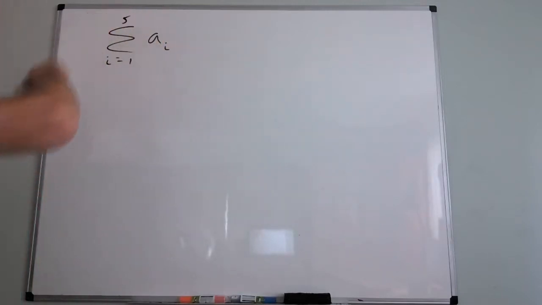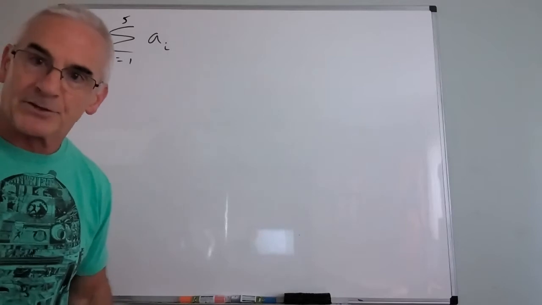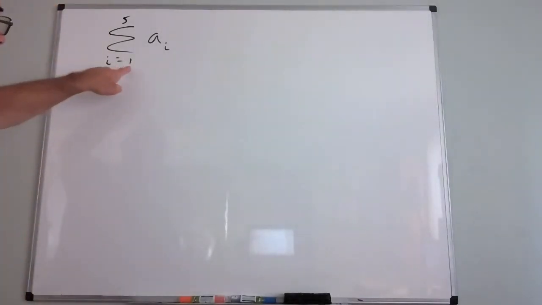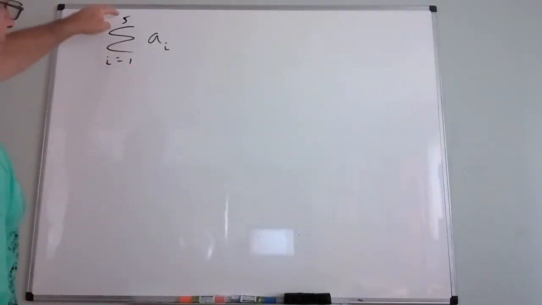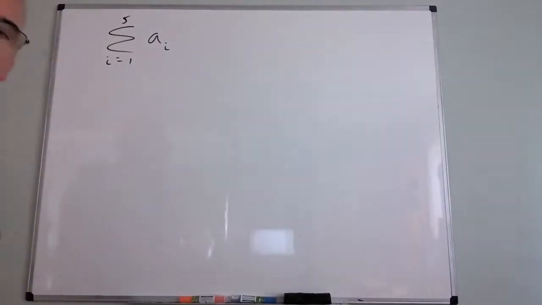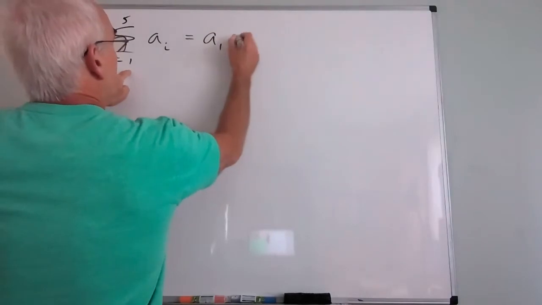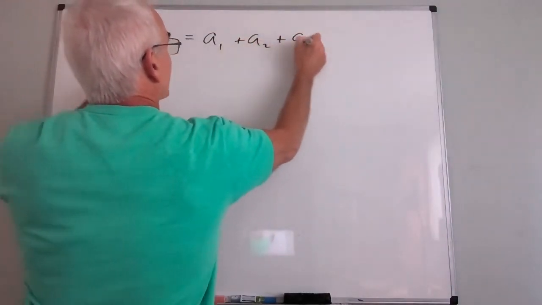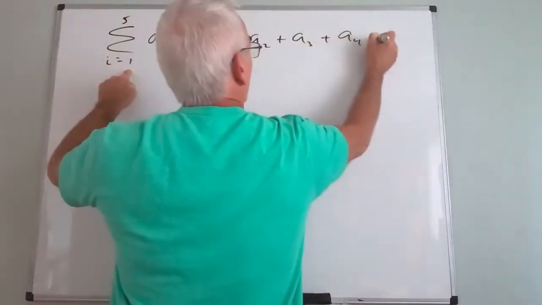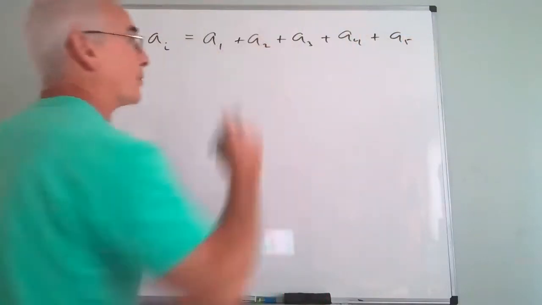The capital sigma means I'm going to add up my terms. My first one's going to be 1, my last one's going to be 5, and I increment by 1. So that means that this would equal a1 plus a2 plus a3 plus a4 plus a5, whatever those values are.